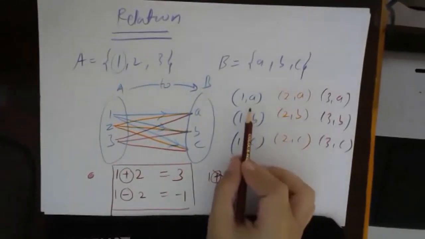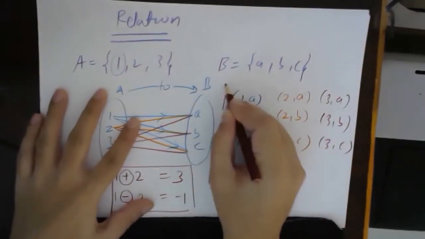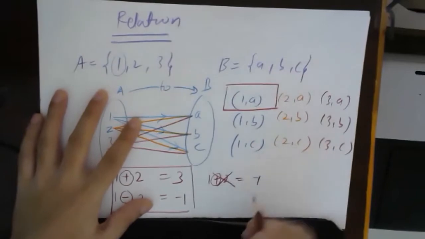Now see, in this case also, what I'm doing, I'm writing this. I will look at this element. What is 1 comma a?